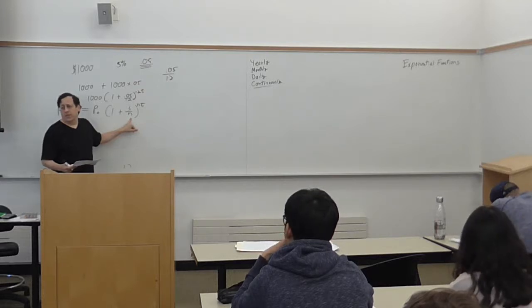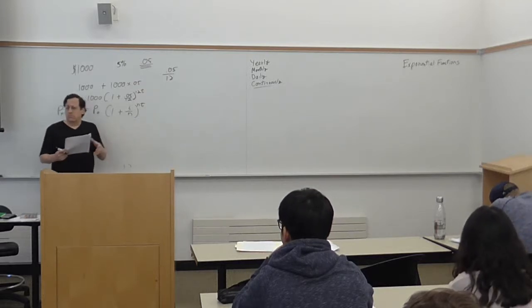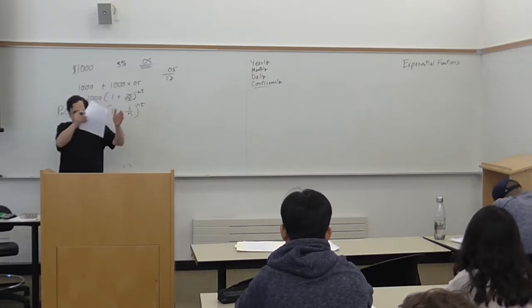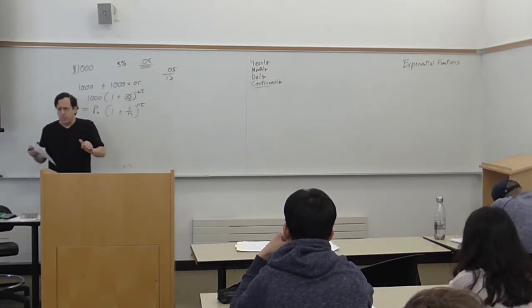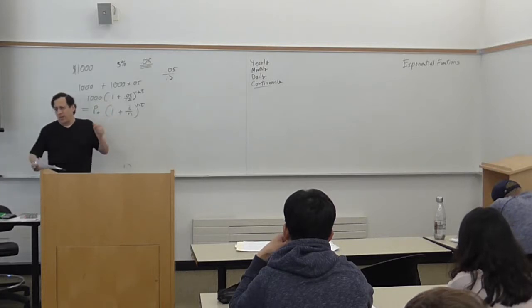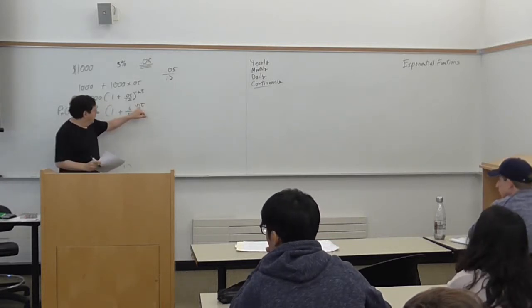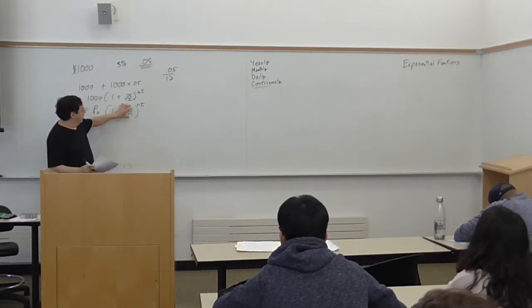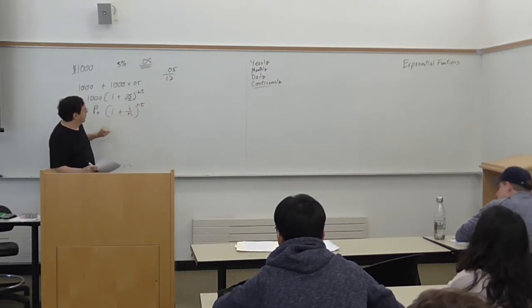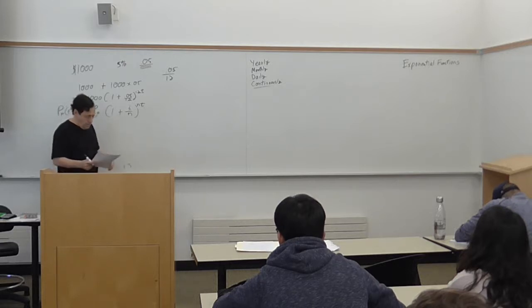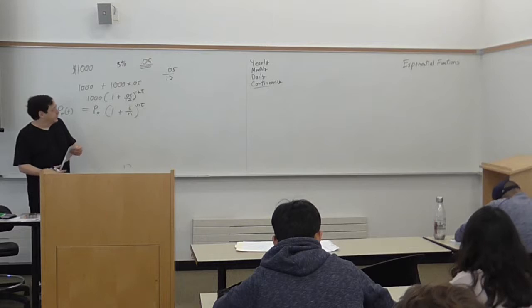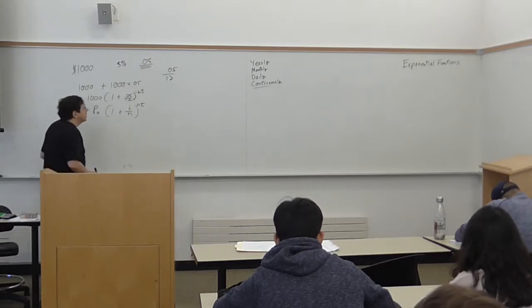And you might think that that would mean that all of a sudden our money's going to become infinite, but no, we're going to do it compounded infinitely, but the amount of interest per period keeps getting smaller. So let's see how that would actually work with a real problem.